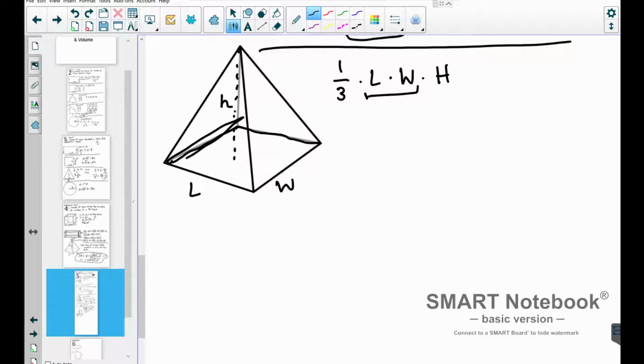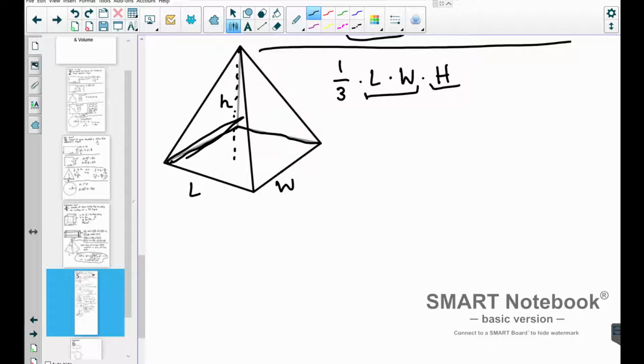And then we multiply it by our height to move that square up, whatever this distance is. But remember, if you think about it, if this is a perfectly square base, then this pyramid is just a fraction of a cube. There's some space you could fill in on top to make this a cube. So if you'll notice, length times width times height is our formula for finding the volume of a cube or rectangular prism. And this is just a fraction of that, so that's where we get that 1/3.